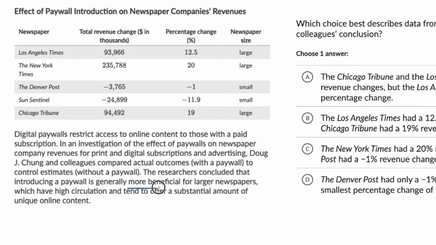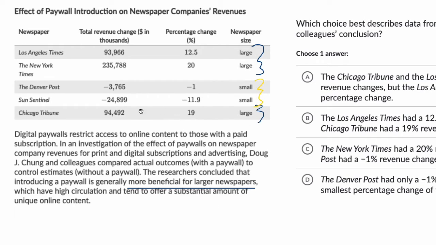So the relevant comparison here has to do with large versus small newspapers, right? Because if it's more beneficial for larger newspapers, that means it's less beneficial for smaller newspapers. And so we want our comparison to involve a large versus a small, or multiple large ones versus the 2 small ones.